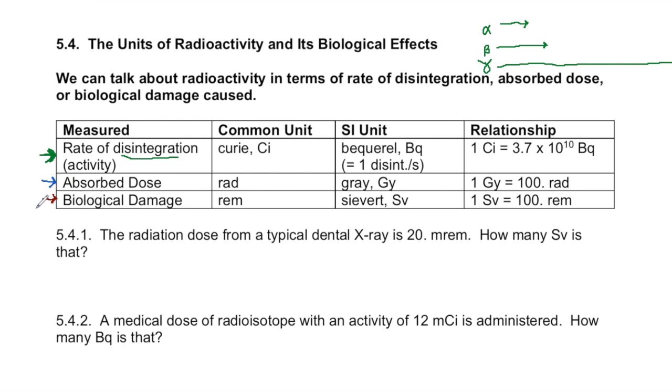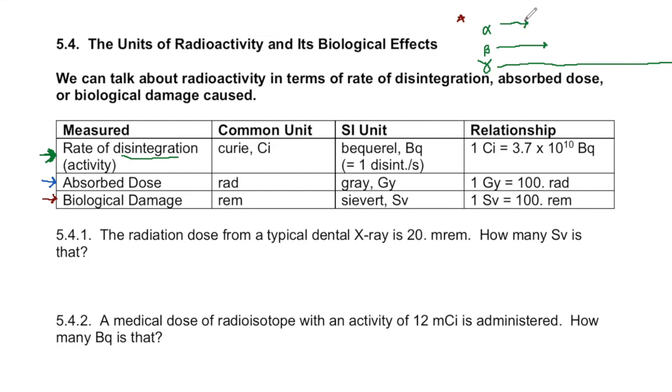For example, I just have a little graphic up here. Your textbook has some more information and some better pictures, but alpha particles are large, they're helium nuclei, as opposed to a beta particle, which is just an electron. It's much tinier.